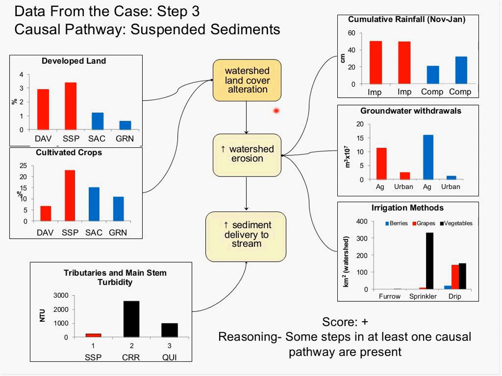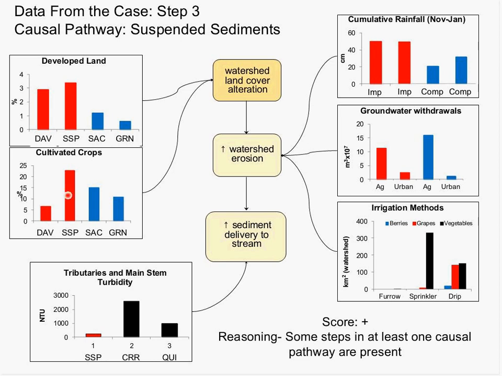If suspended sediments are having an effect, you would expect there to be watershed land cover alteration. And the data showed our impaired sites, the 2 sites, David's and Spreckles, versus our comparator sites, had more developed land than these sites.